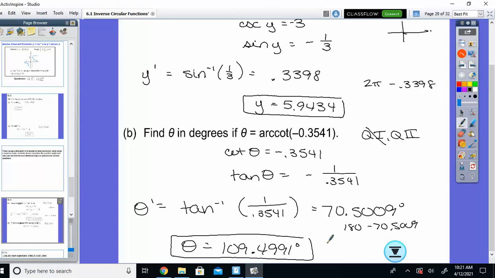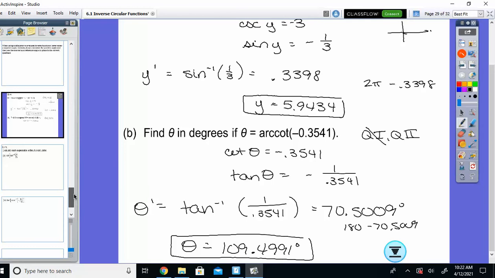So just be careful when you're doing these on the calculator. Don't type in the negative. Put in the positive and then use reference angles to put it in the correct quadrant.